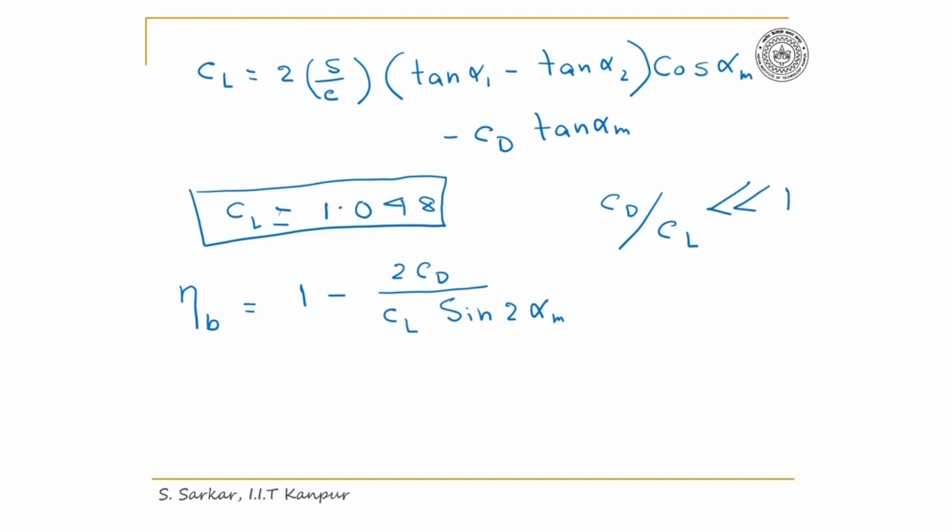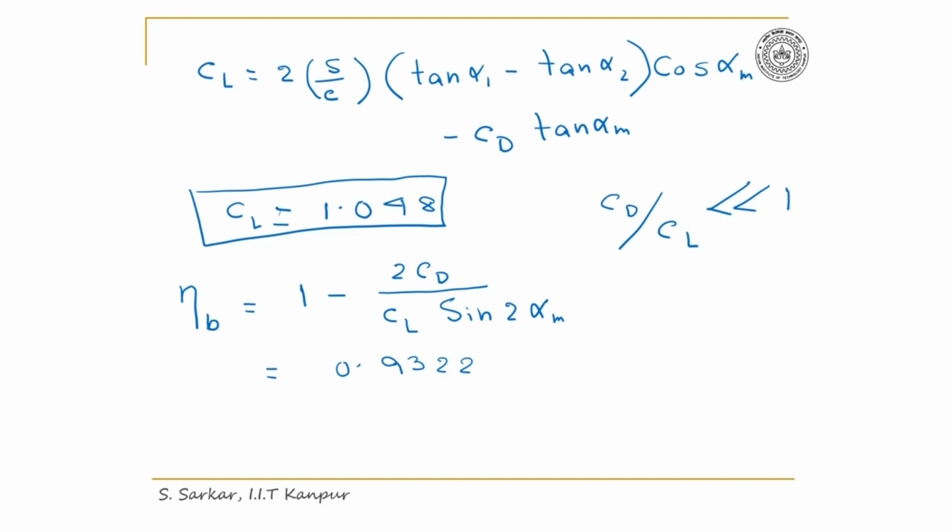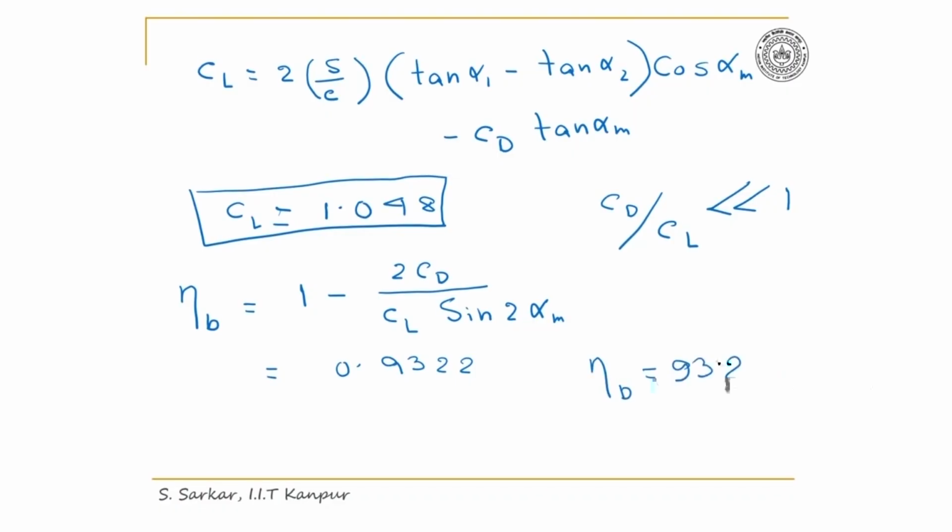Eta B would be equal to 0.932. Thus the blade efficiency is 93.2%. Thus I have calculated CD is equal to 0.0355. Evaluated CL as 1.048. And thus blade efficiency is 93.2%.